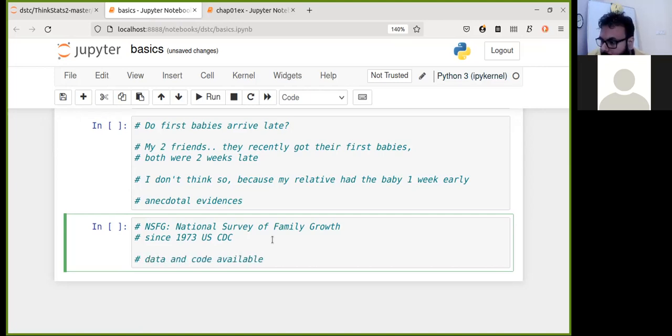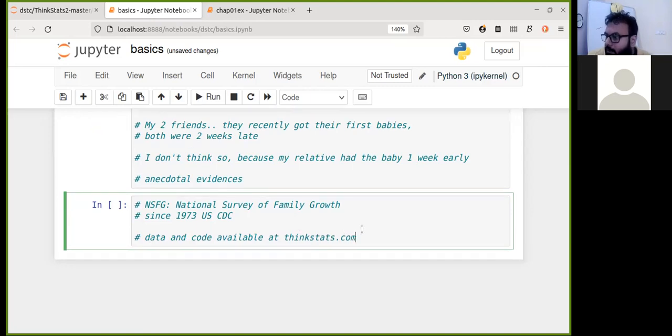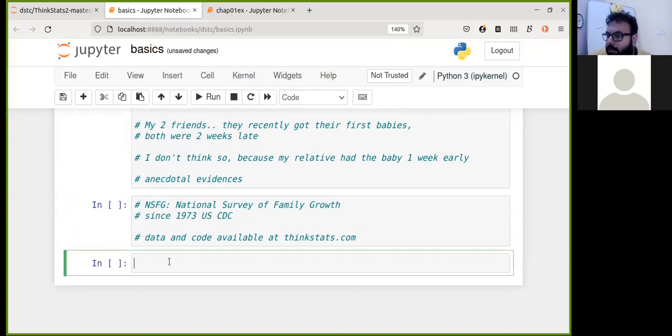Data and code available at thinkstats.com, which is a very good book to start with statistics and probability for data science. So we will first have a look at the data set, and then we will try to understand what the data set is all about.